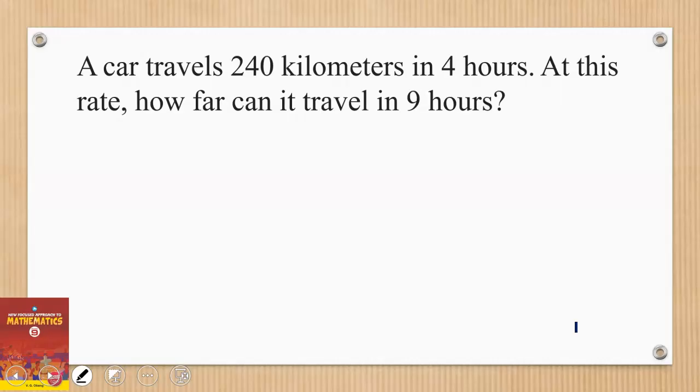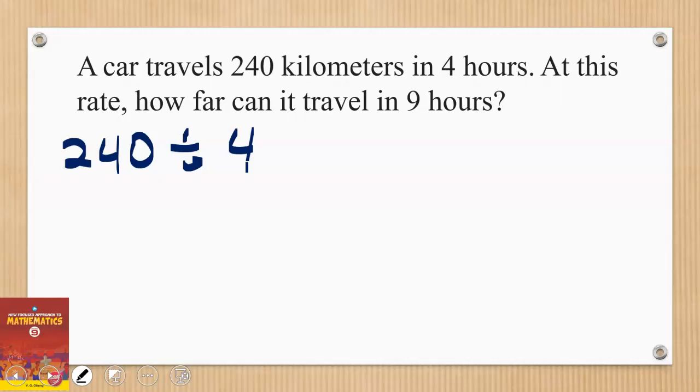Let's take another example. Let's say a car travels 240 kilometers in 4 hours. At this rate, how far can it travel in 9 hours? The same approach. For every 240 kilometers, we spend 4 hours. So here we are doing kilometers per hour.